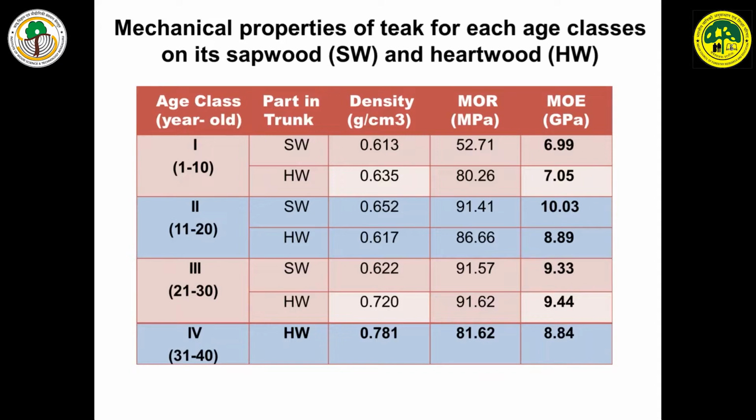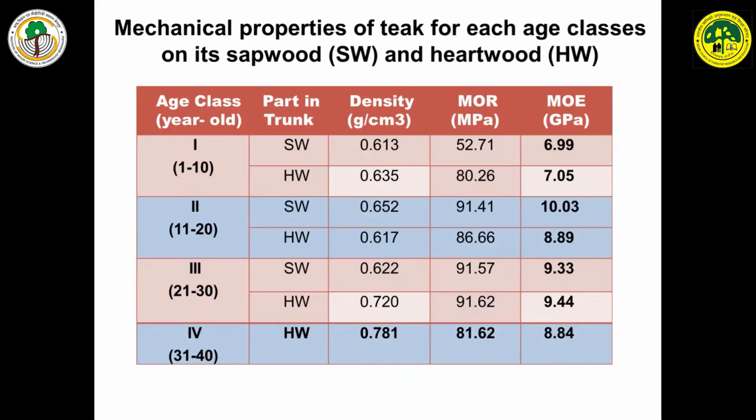also increased from 50. When the age group was 1 to 10 years, the sapwood had an MOR of around 50 to 52.7, whereas the heartwood MOR was 80. Similarly, for MOE there was not much difference.